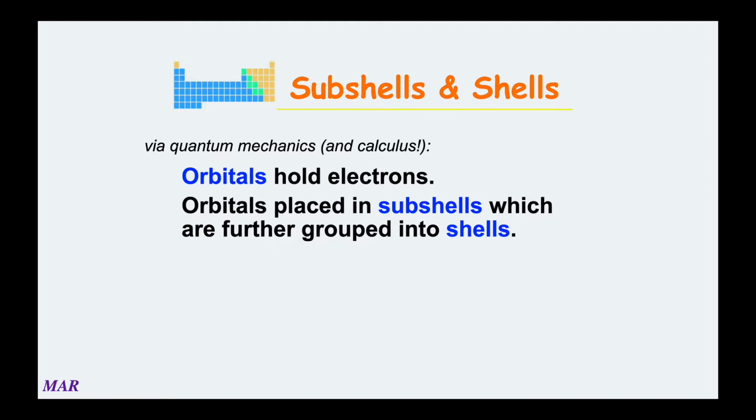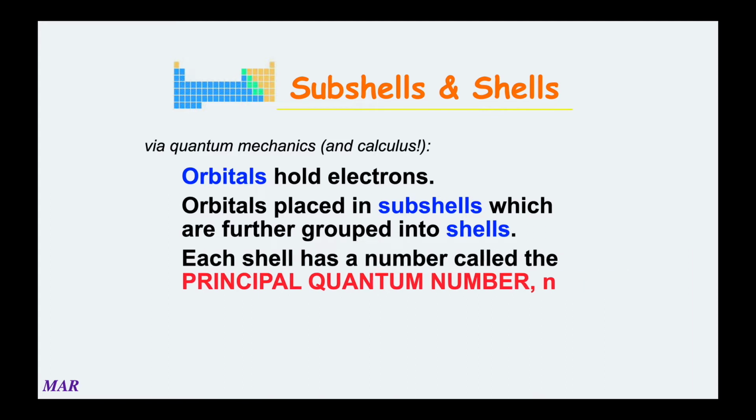Subshells are kind of like the houses themselves. And you can think about shells as being like streets with houses on them. The shells have subshells, and the subshells have orbitals. The streets (shells) have houses (subshells), and the houses have orbitals, or rooms, inside them. And again, the orbitals are what are going to hold the electrons and stuff inside.